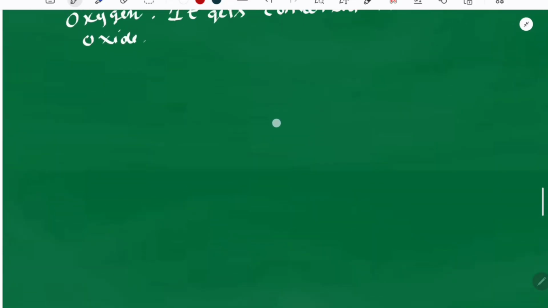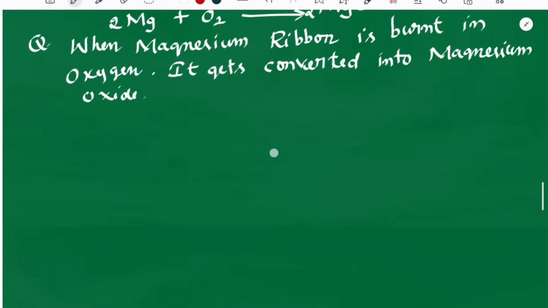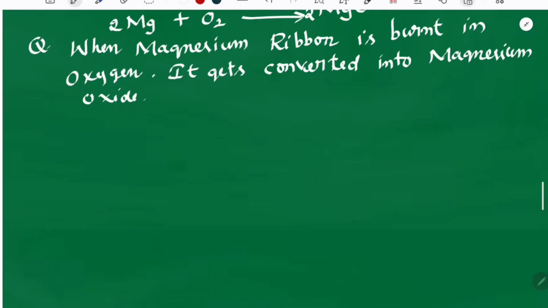In this word equation, we just write what substances are involved in the chemical reaction and what substances are formed. Those which are involved in the chemical reaction are called reactants. So here, magnesium means magnesium ribbon.